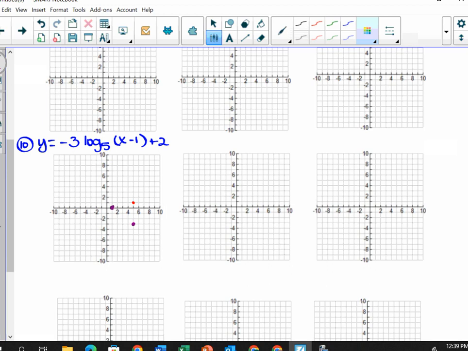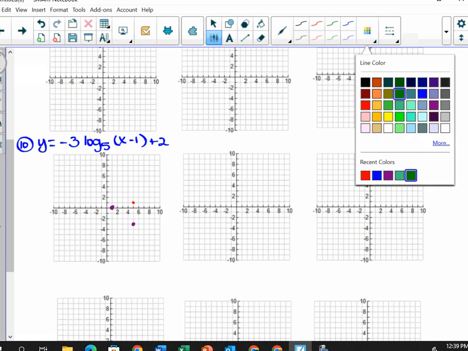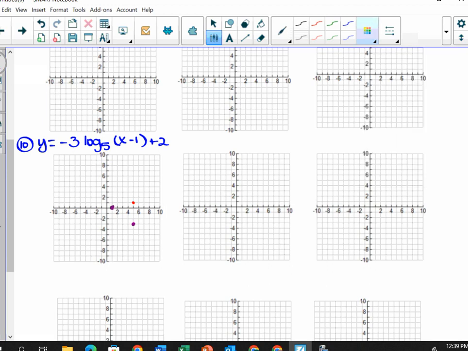All right, and then where are we shifting? Right 1, up 2. So right 1, up 2. And what about your vertical asymptote? Where is it now? 1. Okay, and then we sketch something like that.